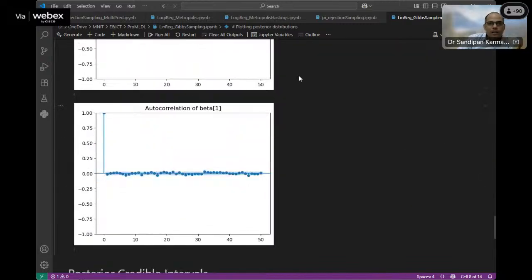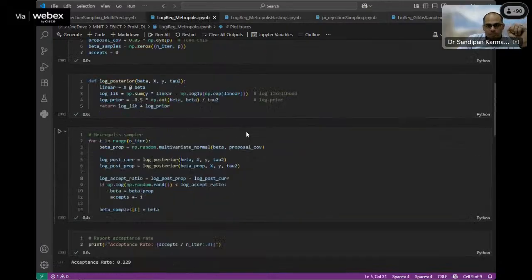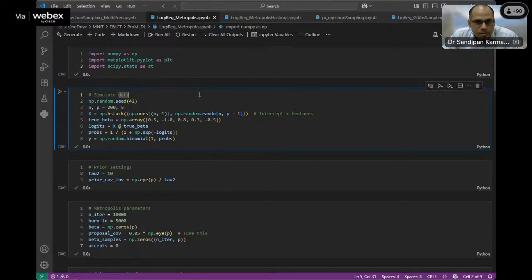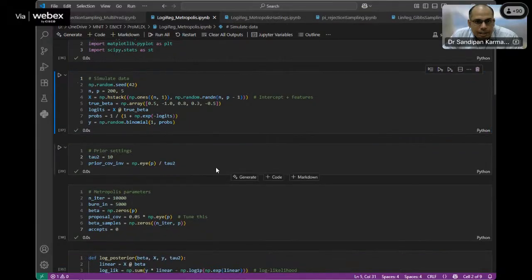Okay, done. Next I'm going for Metropolis testing, Metropolis for logistic regression. What to do in the Metropolis case if I am using Metropolis sampling, how will it be done? So logireg Metropolis. Generating the data first, and I'm having 5 predictors.